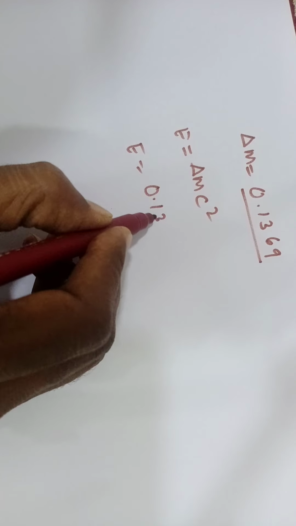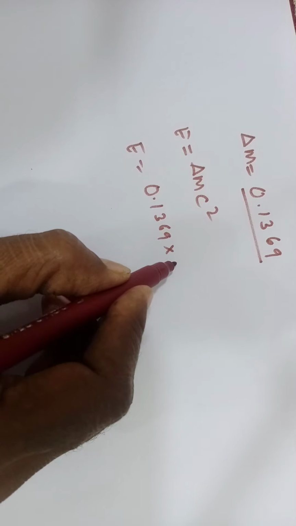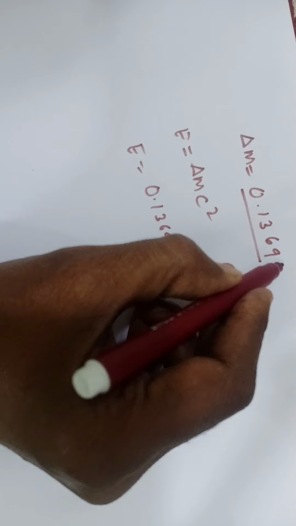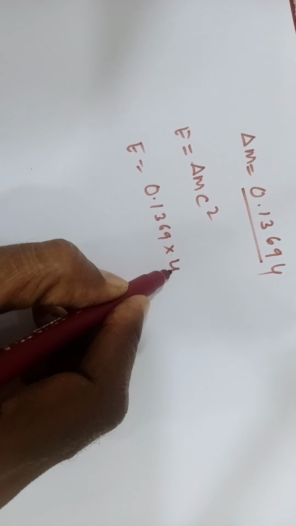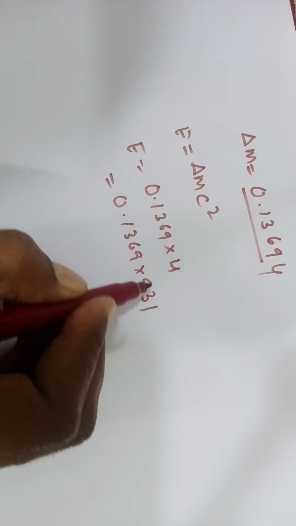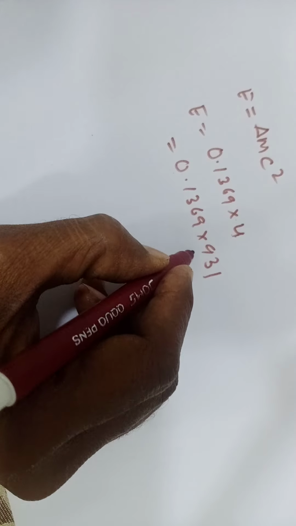It will be equal to 0.1369 u × c², so for this u we can write 0.1369 × 931 MeV / c². So we will get the energy.